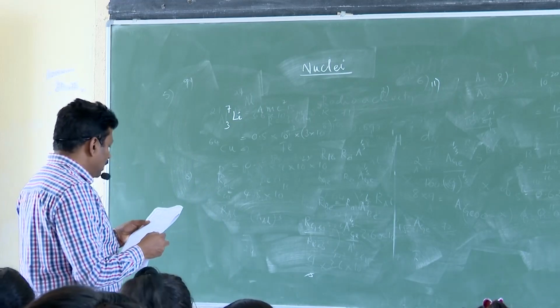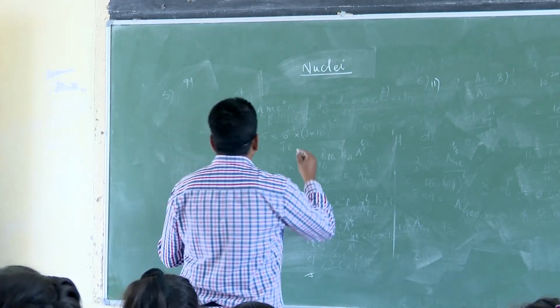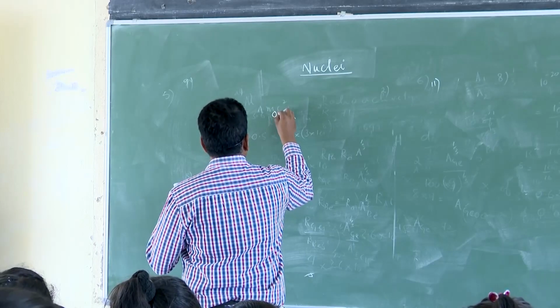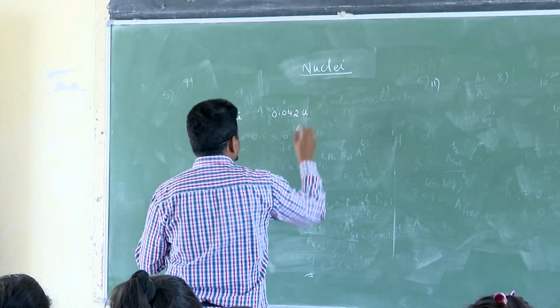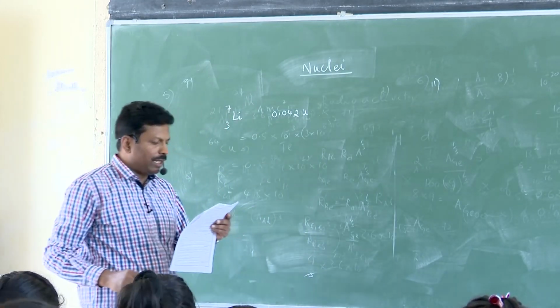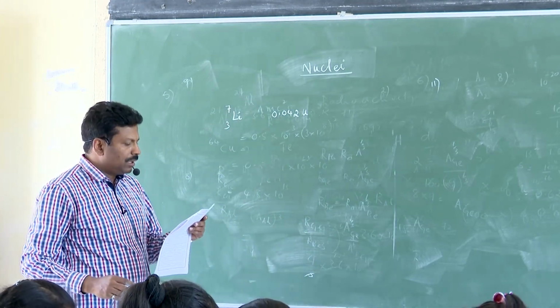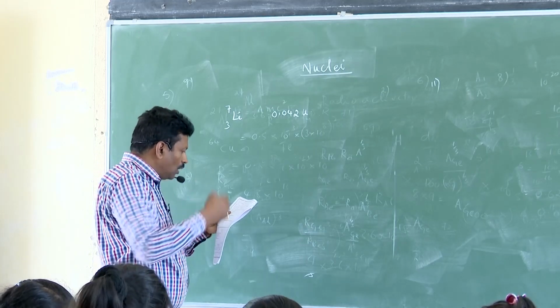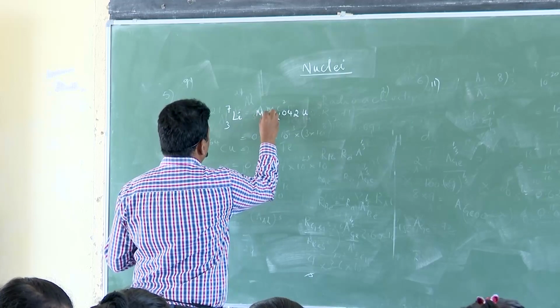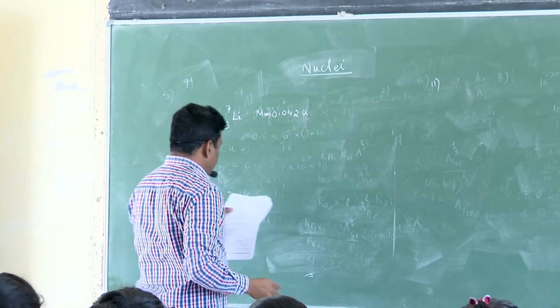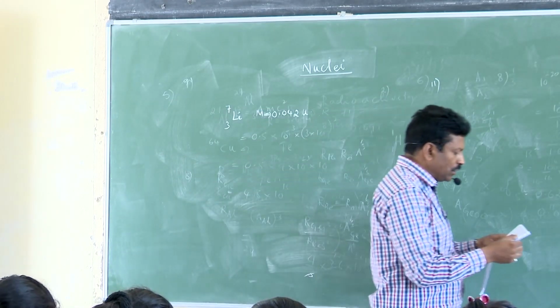Lithium 7, okay. The mass of the lithium 7 nucleus is given as 0.042 atomic mass unit, U means atomic mass unit, AMU. It is less than the sum of the masses of all its nucleons.